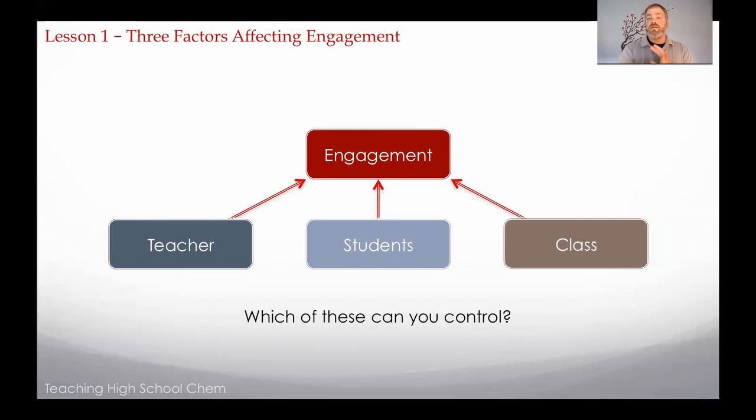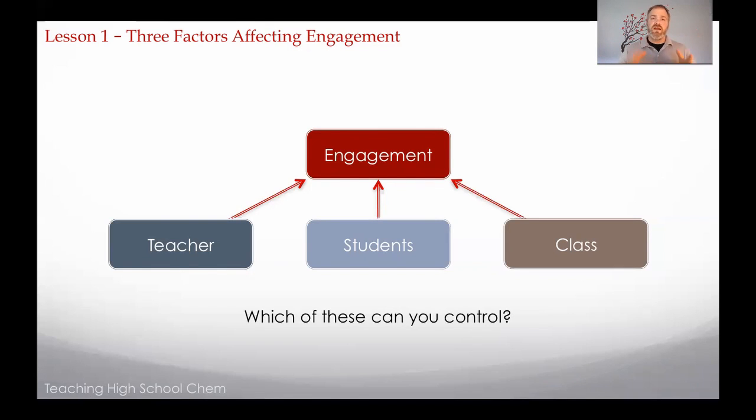Are we speaking in a way that the kids can understand? Are we connecting with them? Are we treating them in a way that they're going to respond well in class, and our relationship with them? All of those things come into play to affect engagement. And those are all things that are in our hands. That's one of the primary things we're going to be looking at through this mini course.